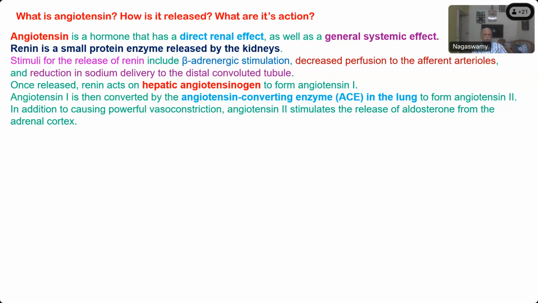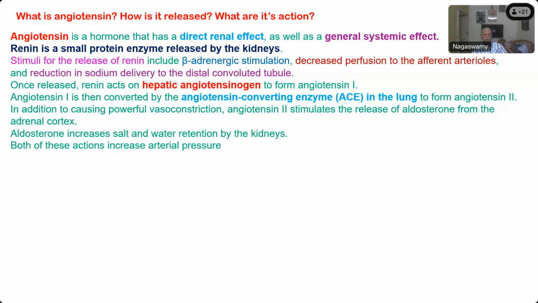So the two actions of angiotensin are, one, to cause generalized vasoconstriction as well as an increase in the afferent arterial flow in the glomerulus, and two, to release aldosterone so that more sodium and water can be reabsorbed from the kidney. Aldosterone increases salt and water retention by the kidneys once it is stimulated. So both the vasoconstriction caused by angiotensin as well as the absorption of salt and water increase the arterial pressure. That is how the body tries to maintain normal blood pressure.